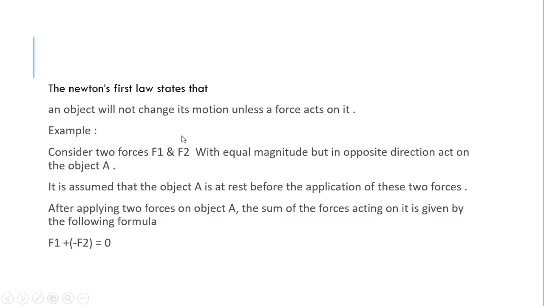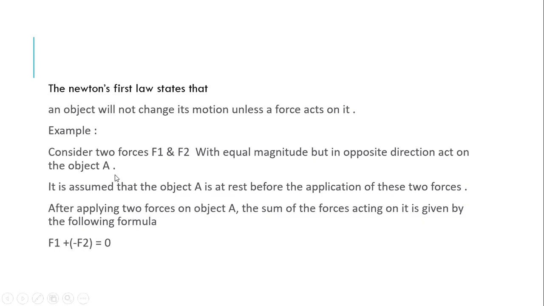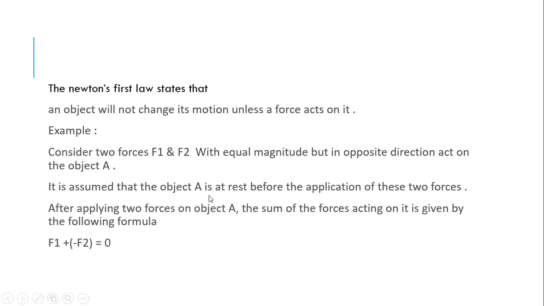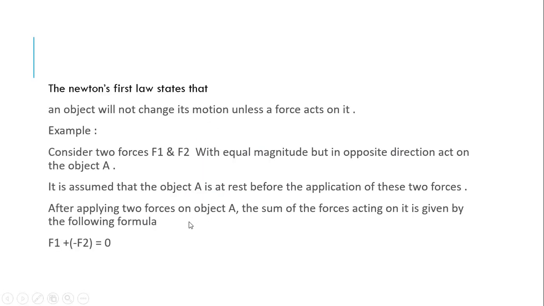Let us explain with the help of a graphical illustration. Consider an example. There are two forces F1 and F2 acting opposite to each other. It is assumed that the object A is at rest before the application of the forces.